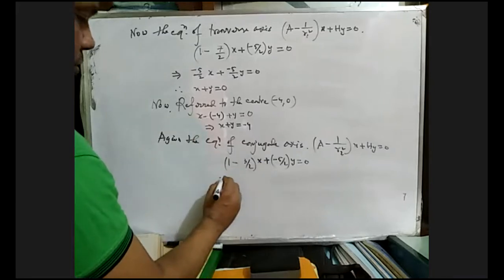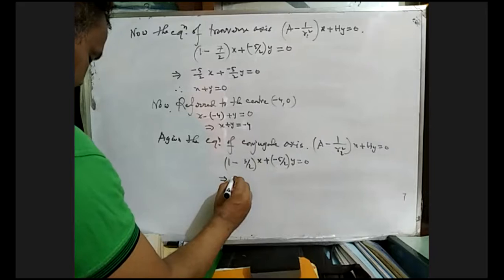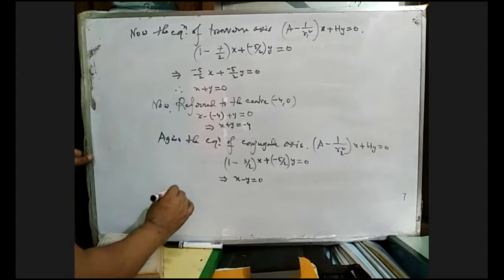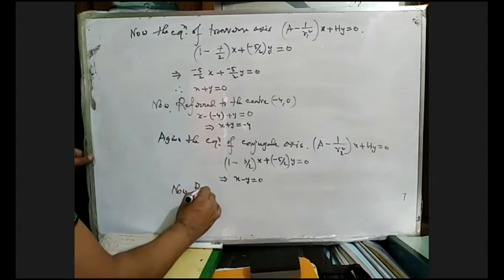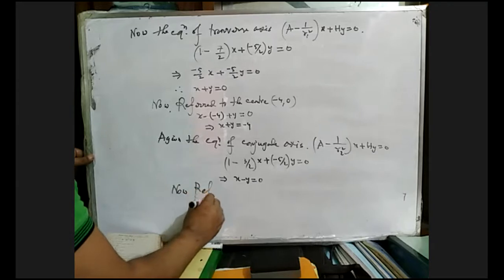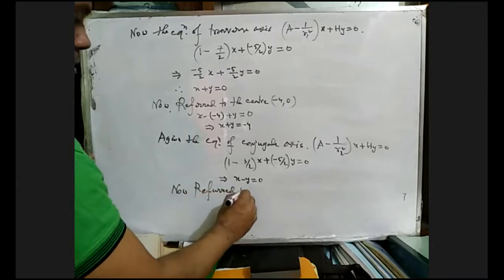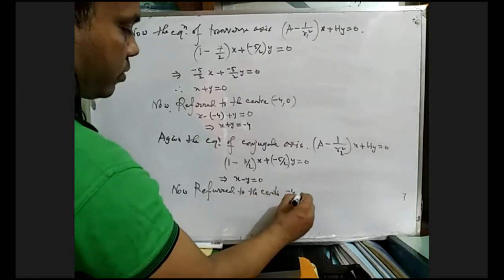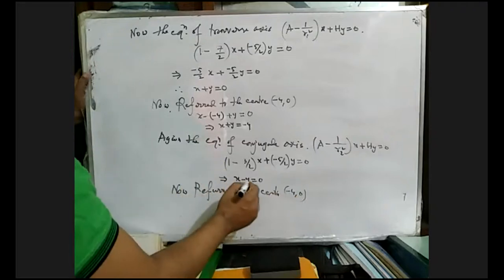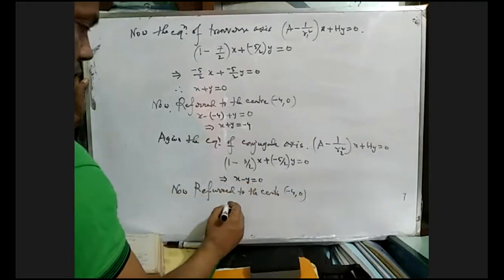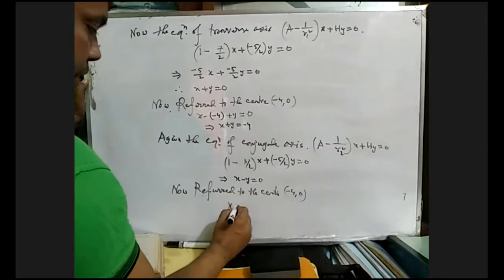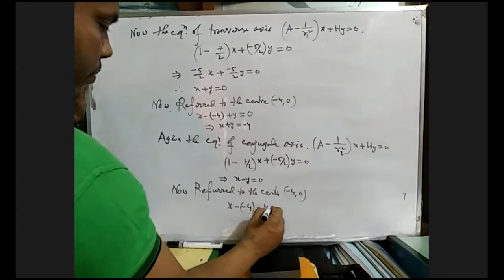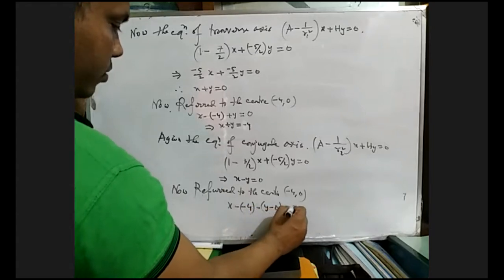From this equation, we can write x minus y equals 0. Now refer to the center, minus 4, 0. We can shift this equation to x minus 4 and y will be y minus 0 equals 0.